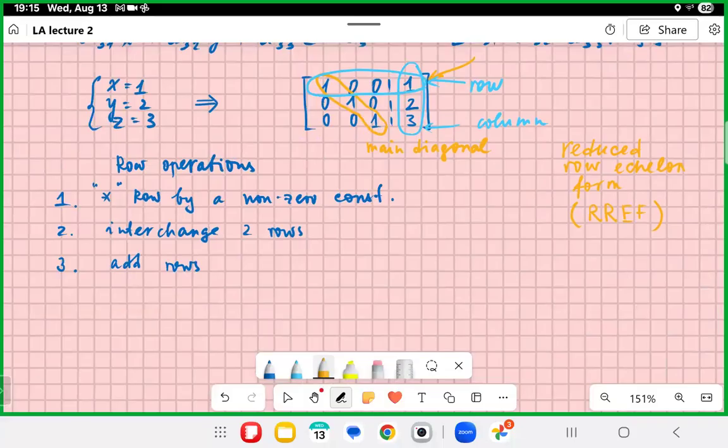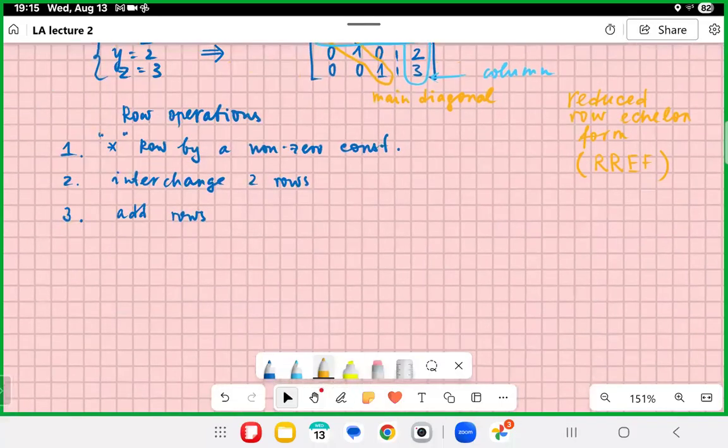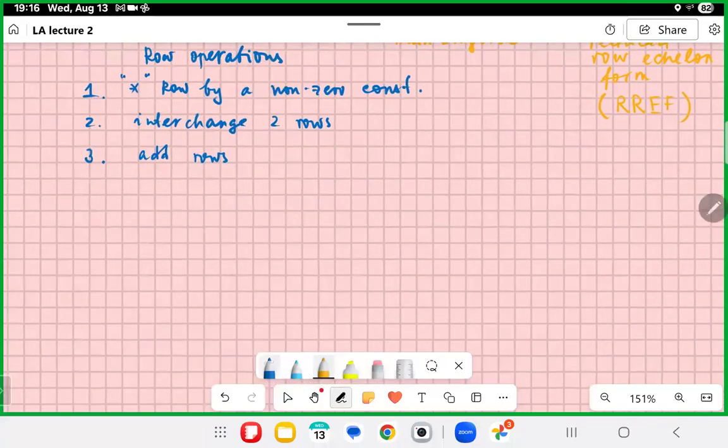Like how a unique solution is going to look, how no solutions is going to look, or how infinitely many solutions is going to look. It's important to understand, when you bring your matrix to reduced row echelon form, how many solutions you have, or whether you have any solutions.